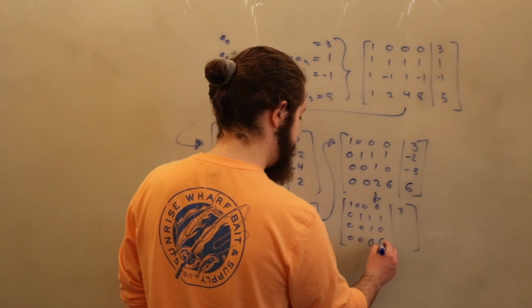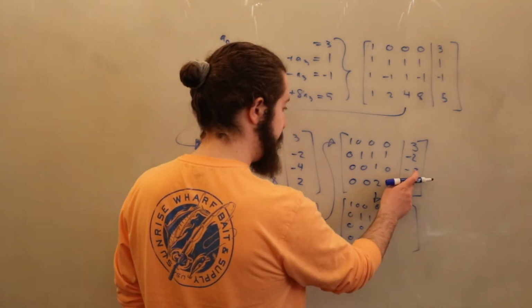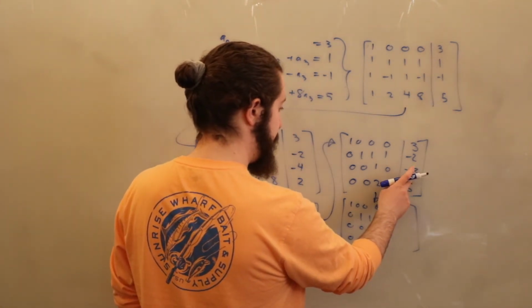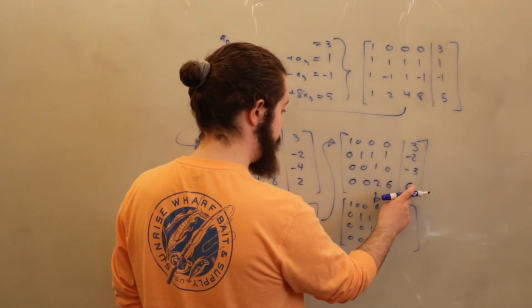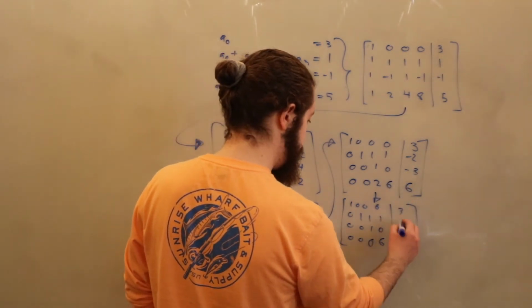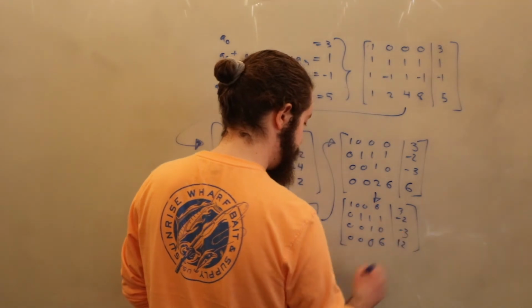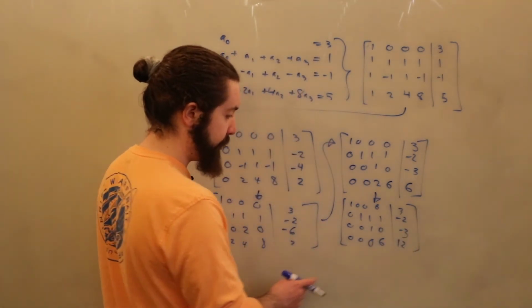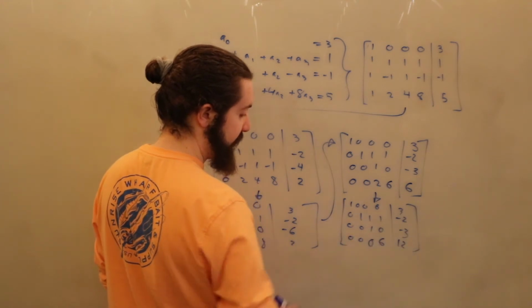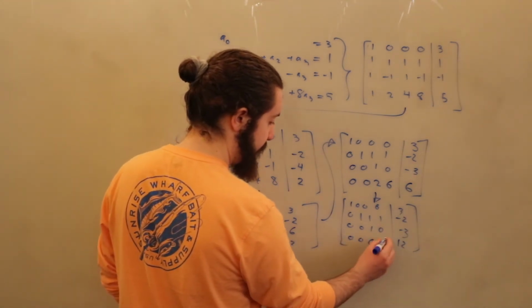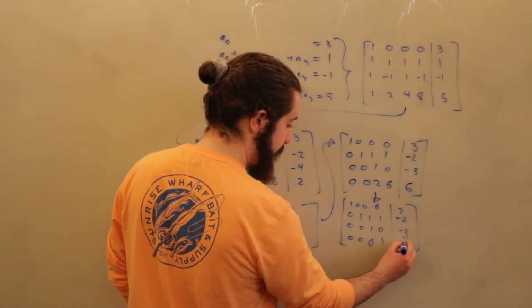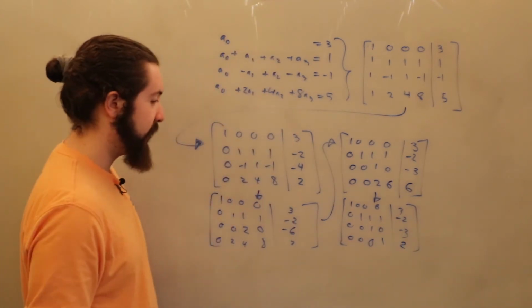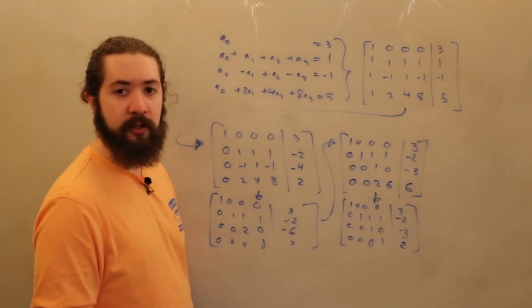And that'll stay 6. Negative 2 is, that'll make a positive 6. Plus 6 is 12. And then let's actually also in this step, let's divide this last row out by 6. So we'll have 1 and 2. All right, we're getting close here.